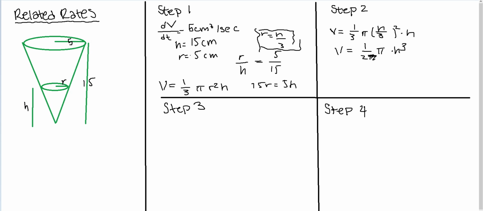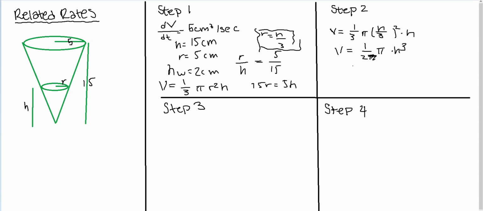So that is dV/dt. Additionally, we were told we want to know how fast the water level is rising when h is equal to 2. So we should write h equals 2 centimeters.